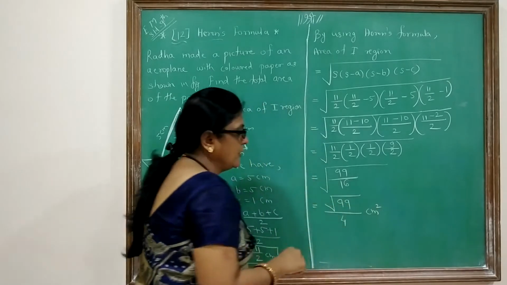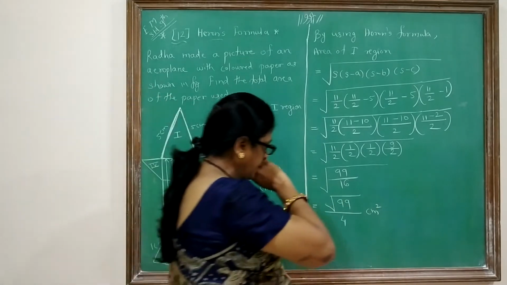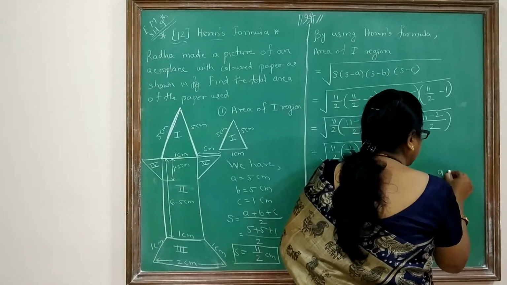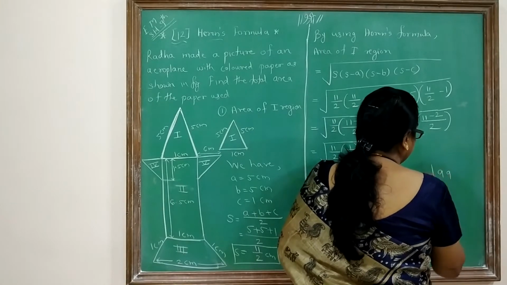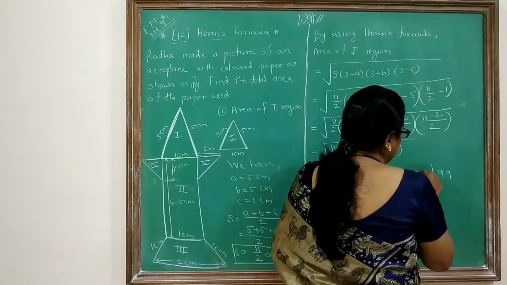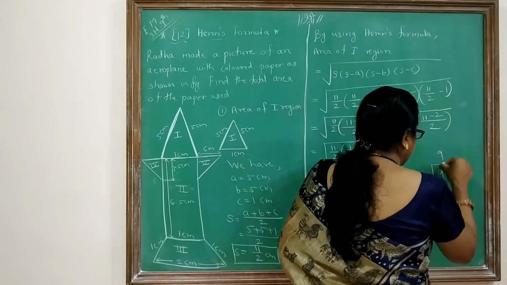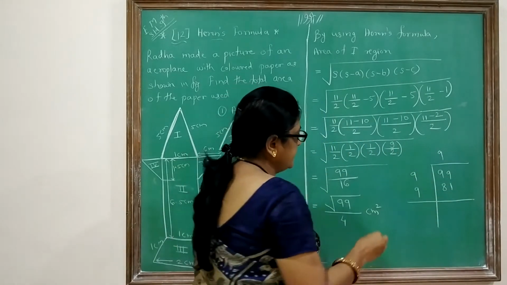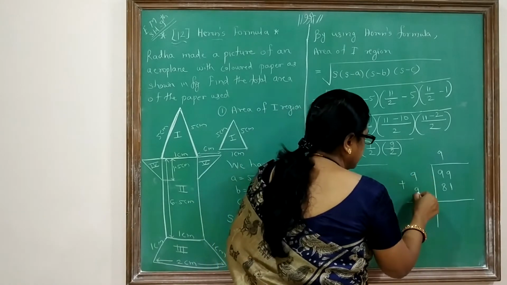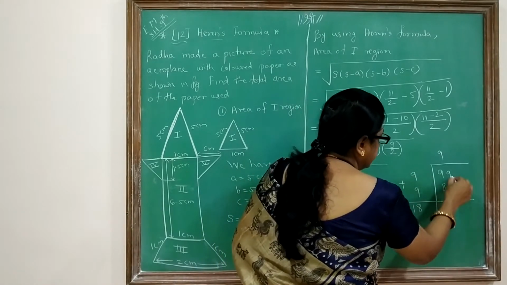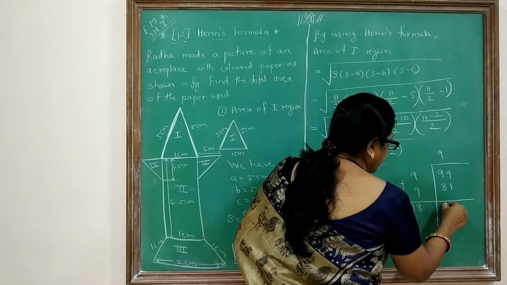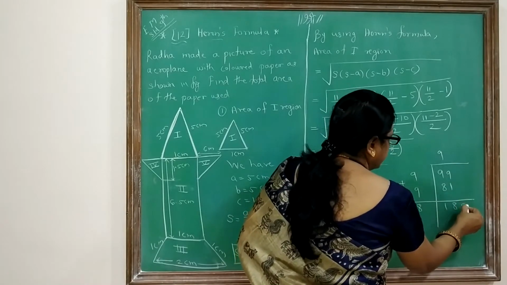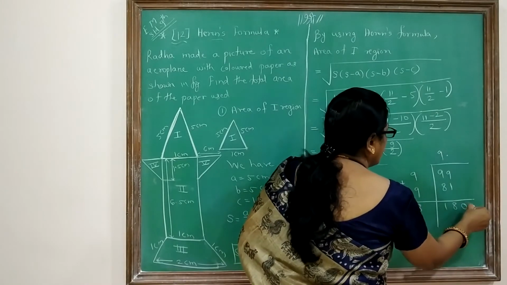Then find the value of root 99. Here 9 nines are 81. Then subtract, and take two zeros and the decimal point.